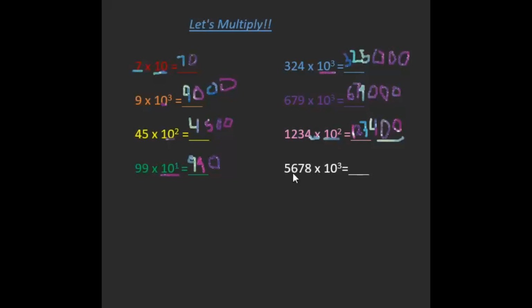So let me explain that with this one too. 5,678 times 10 to the power of 3, which is 1,000. So let's write down 5,678. Okay, so we have that down here. So now we see that 1,000, right? So we have a decimal point right here. Since we're multiplying by 1,000, let's move it.